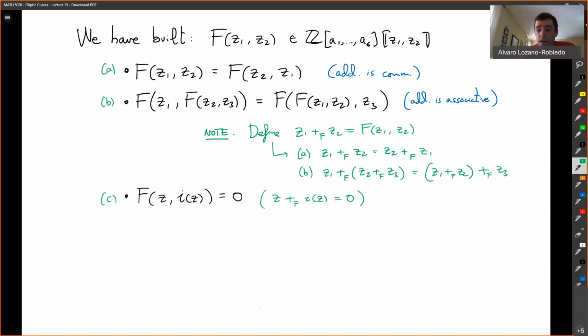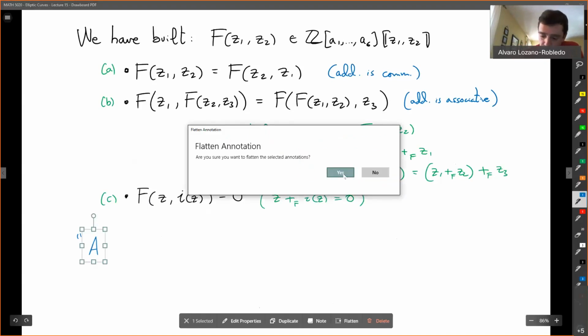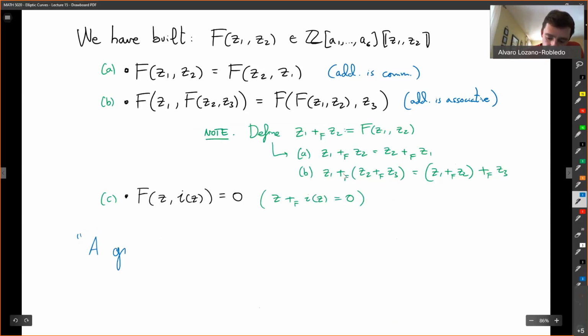So this is what is called a group law, a group law without any group elements.